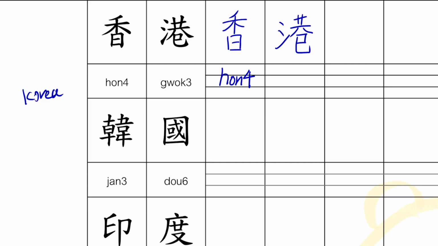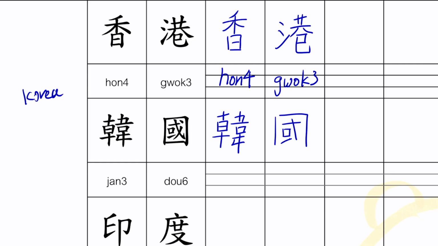OK, 第二個 韓國. 韓國 is Korea. 韓 Jyutping is H-O-N, tone 4. 橫直直橫直橫橫橫直直橫折橫直橫直橫橫撇橫直. 國 G-W-O-K, the third tone. 直橫直橫直橫直橫剔斜勾撇點橫.